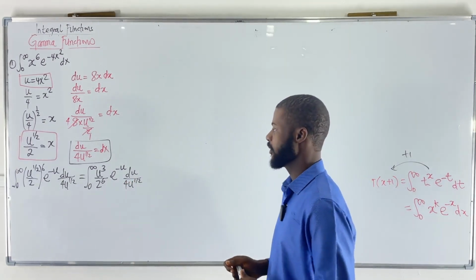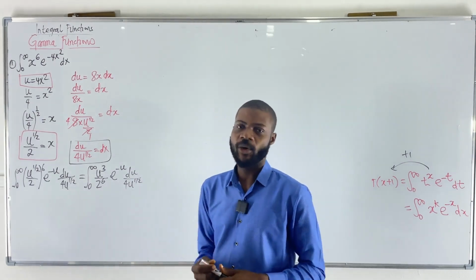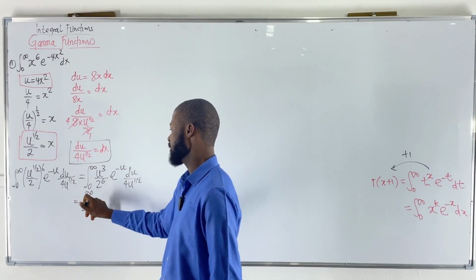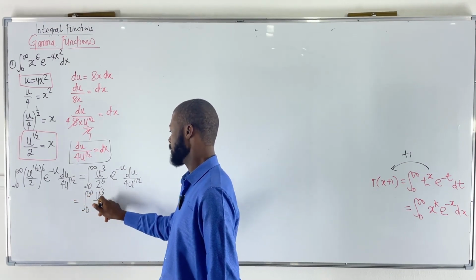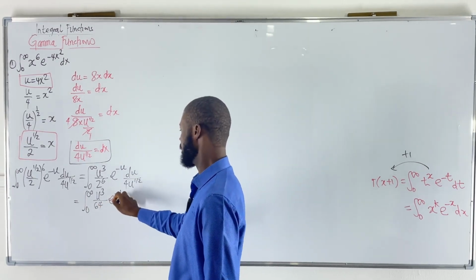Now, 2 to the power of 6 is 64. So this will become the integral from 0 to infinity u cubed divided by 64 e to negative u.